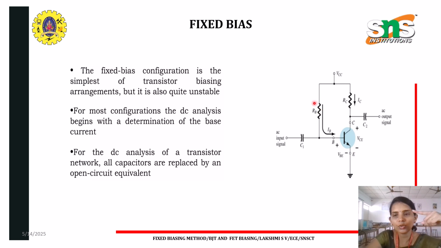By adjusting the value of RB, you can adjust the value of IB, and in turn we can adjust our output current, that is the collector current. So this is the circuit of the fixed bias in BJT.